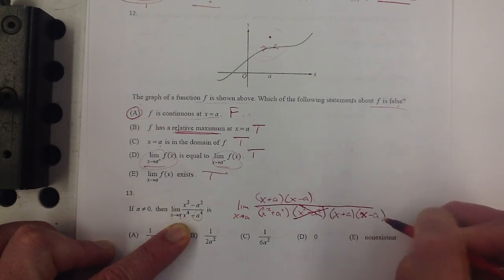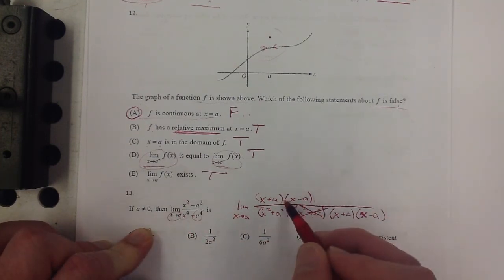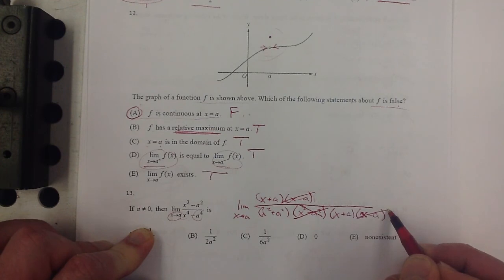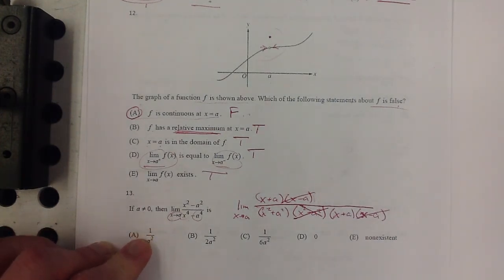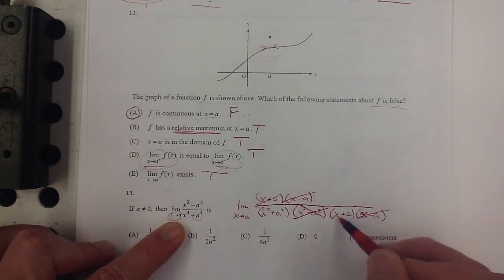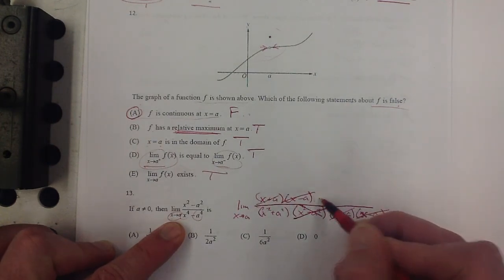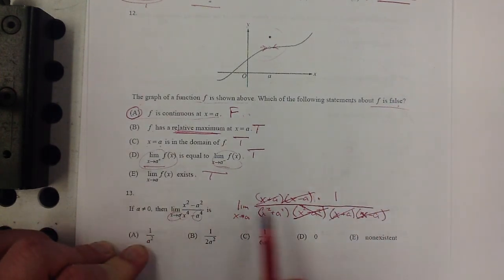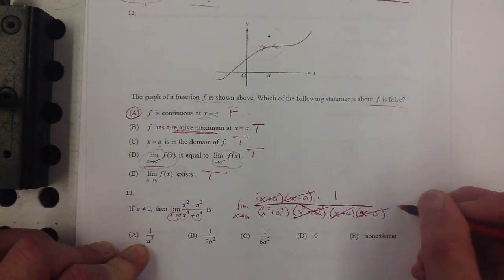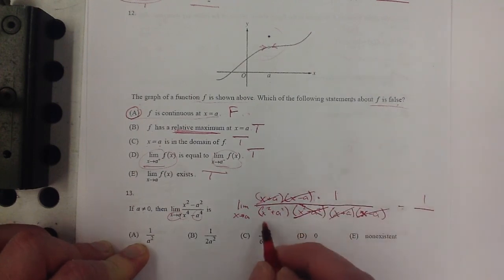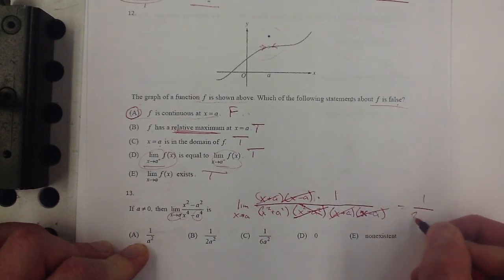So that's completely factored now. The x minus a factor, sure enough, shows up on the top and the bottom. And there's also an x plus a that would cancel out, making our job a little bit easier. So now when I plug a in, I get 1 over a squared plus a squared, which is 2a squared.